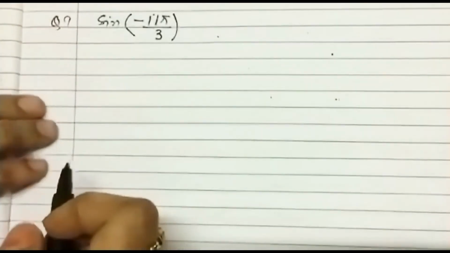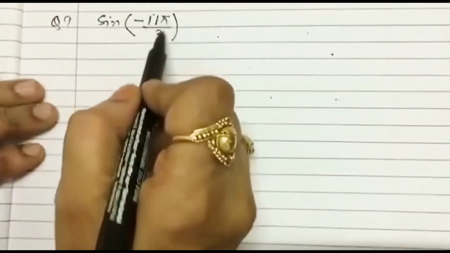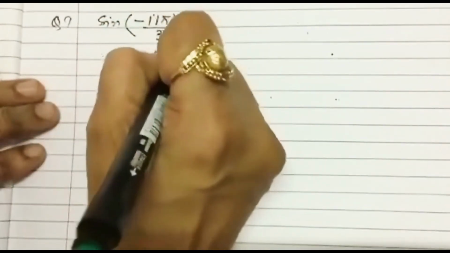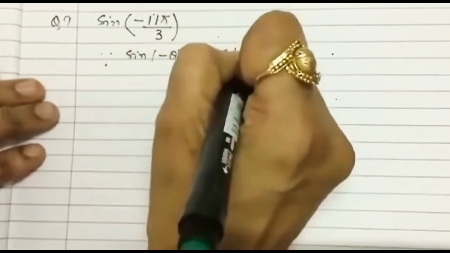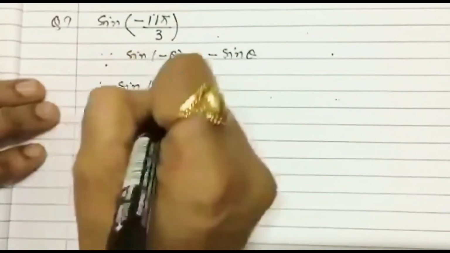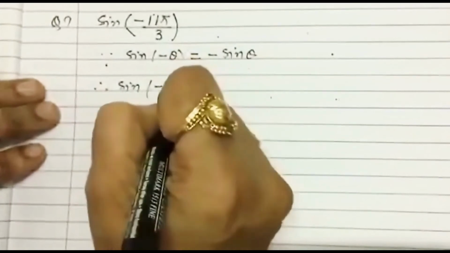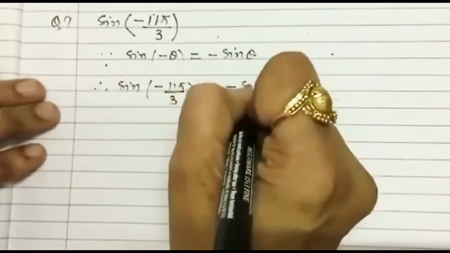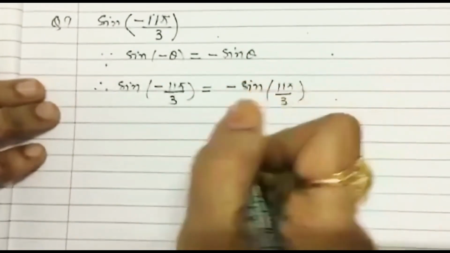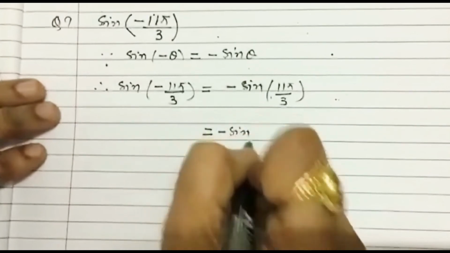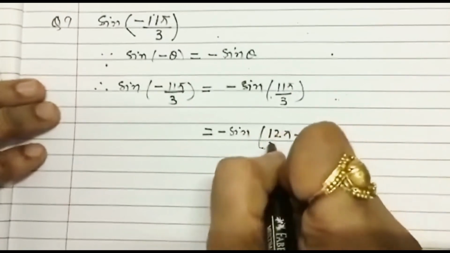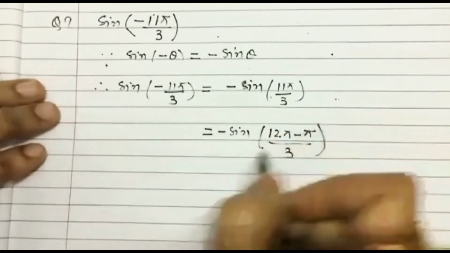Question is find sin minus 11 pi by 3. You know that sin minus theta is equal to minus sin theta. So first step, sin minus 11 pi by 3 is minus sin 11 pi by 3. Now change into an acute angle. You can write 12 pi minus pi by 3, which becomes 11 pi by 3.